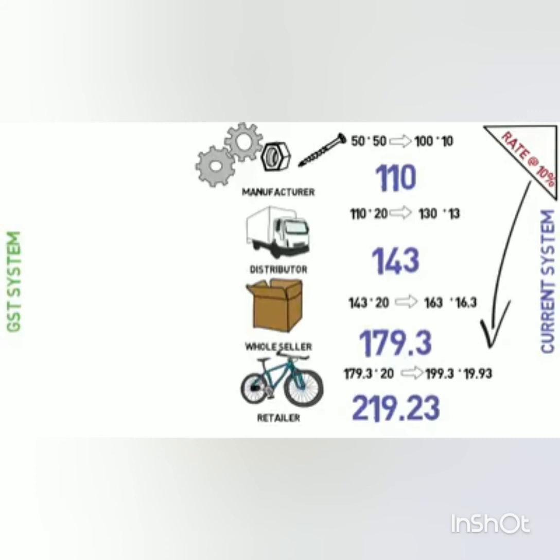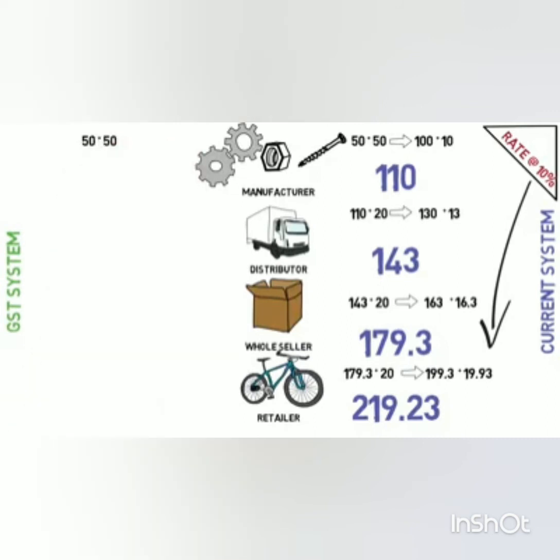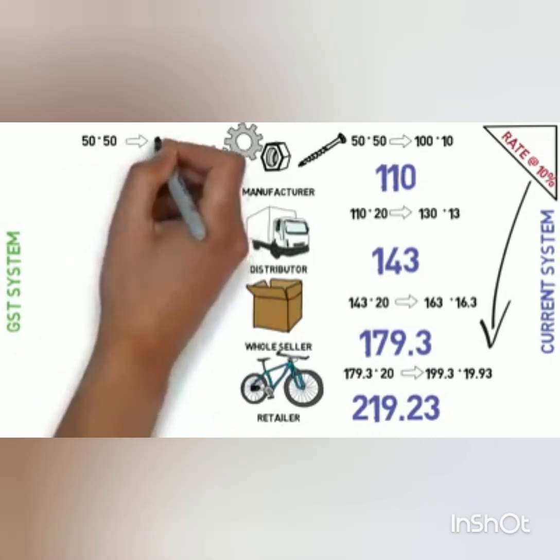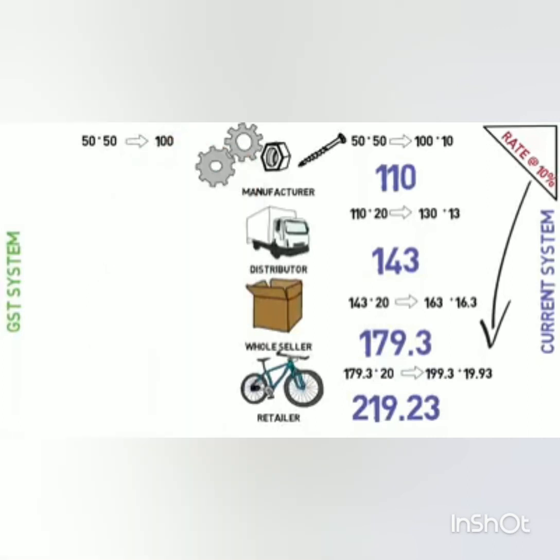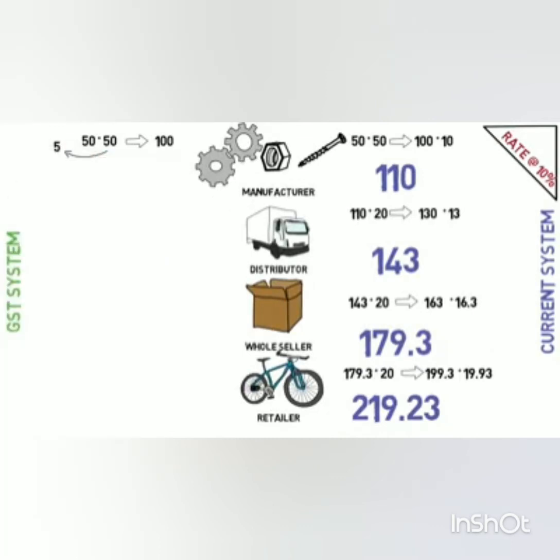Now we will take the same example in the GST system. Raw material of 50 rupees and the manufacturing value of 50 rupees make the product 100 rupees. But this time, the manufacturer has to pay tax only on the value added by him, which is 50 rupees. So he pays 10% of 50, which is 5, as tax from his profit.